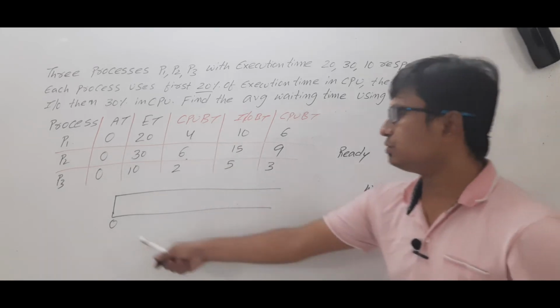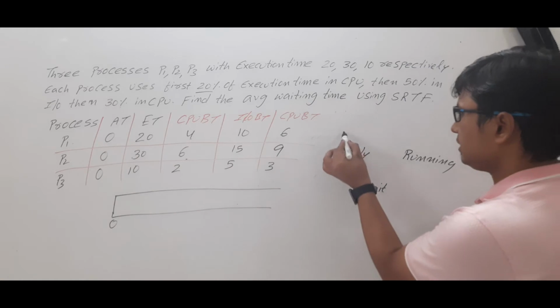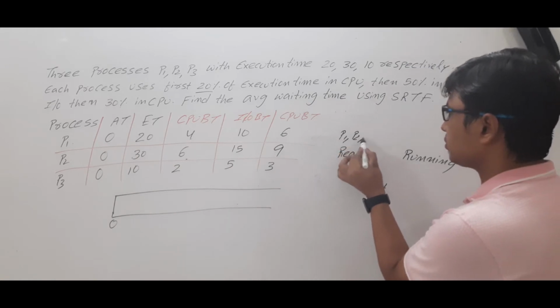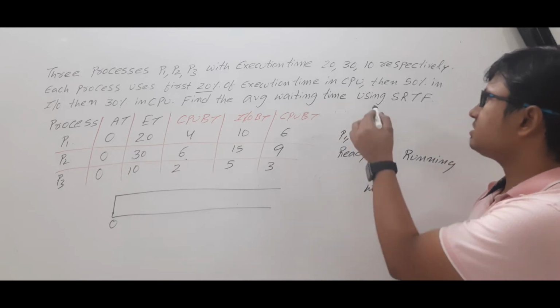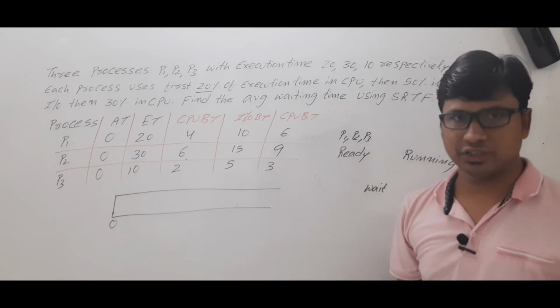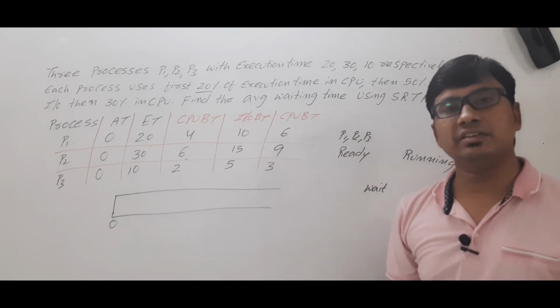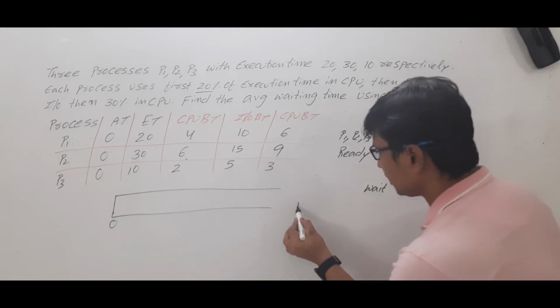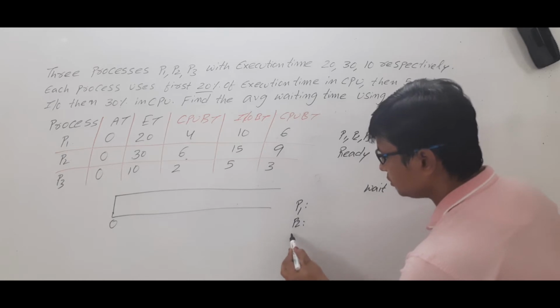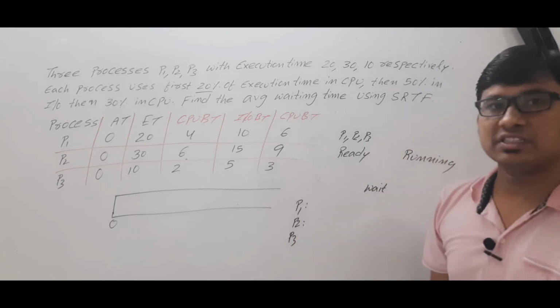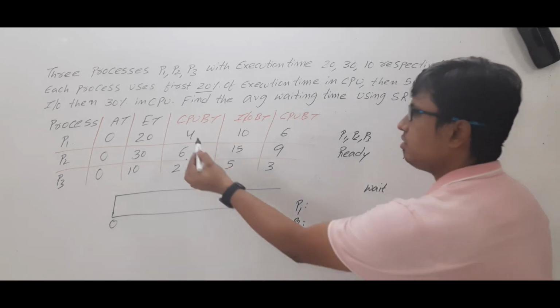Now at 0 units of time, process P1, process P2, process P3 are in the ready state. As it is the shortest remaining time first scheduling algorithm, the criteria is the burst time. So we need to find the burst time of process P1, P2, P3. The burst time is the CPU burst time.